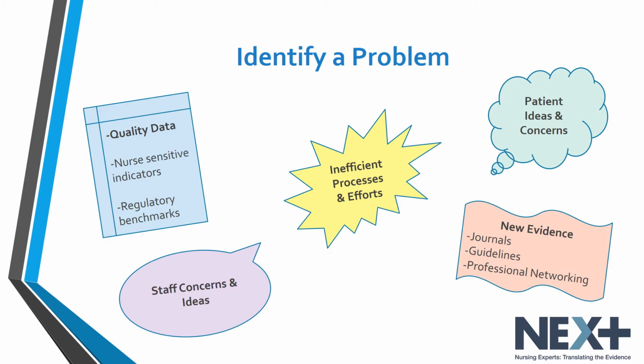Ideally, we could be looking beyond our own work environment for new ideas and advances. Engaging in professional organizations, conferences, and journals or journal clubs can help us stay current in the evidence base and best practices. We need to look at all these types of input and ask, why are these things happening?